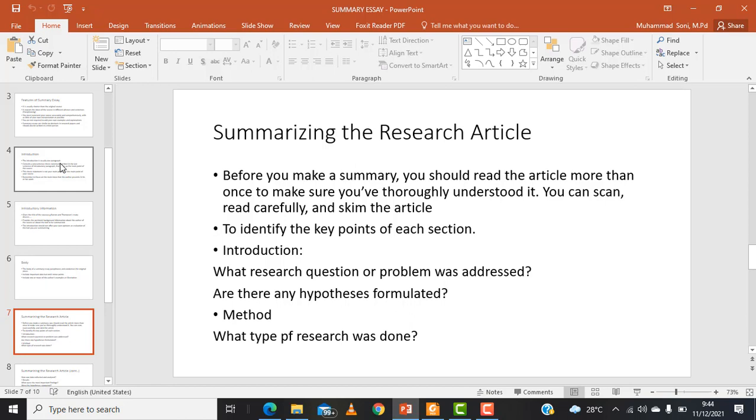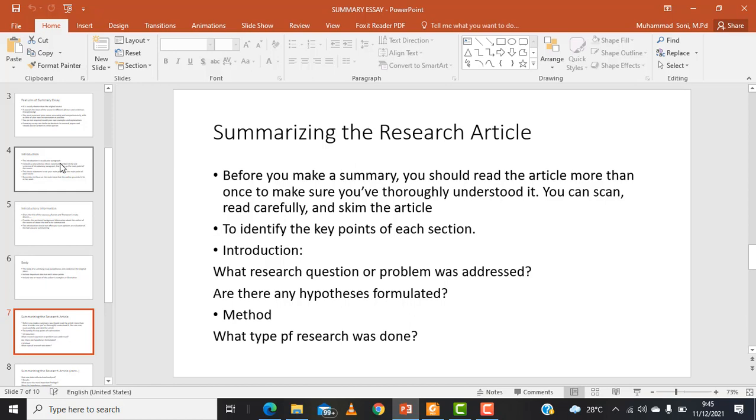And then we have the discussions. The discussion is an explanation connecting the findings and the theory used to answer the research problems. So in the discussions, the author will finally come to the conclusion whether the research problem is answered or not.